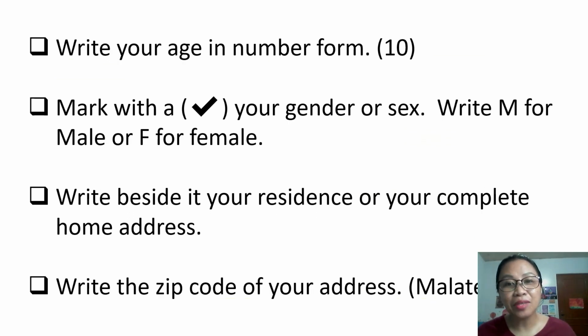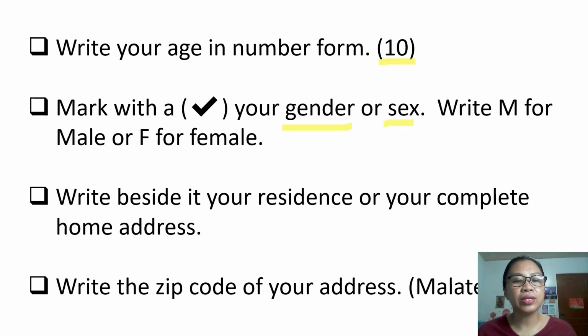Another important information is your age. How are you going to write your age? Write your age in number form. For example, if you are 10 years old, you write the number 10 on the form. Another is your gender or your sex.